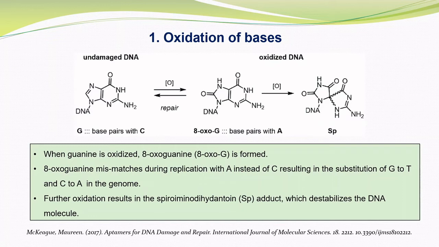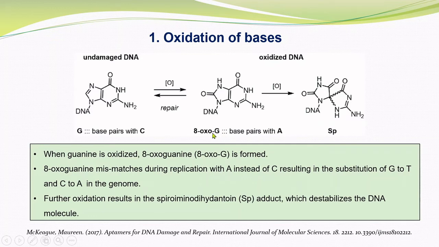These are produced as a result of intracellular metabolic processes. The reactive oxygen species oxidize guanine to 8-oxoguanine by addition of an oxo group. You see, this is the oxo group at the carbon 8 position of guanine. So, to the carbon 8 position, reactive oxygen species adds an oxo group and guanine becomes 8-oxoguanine.